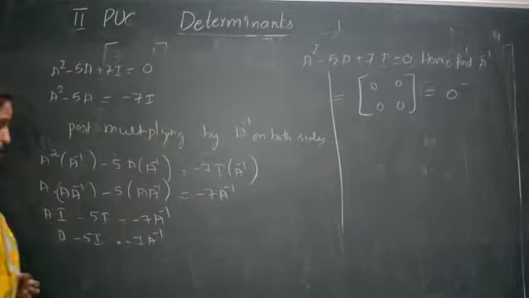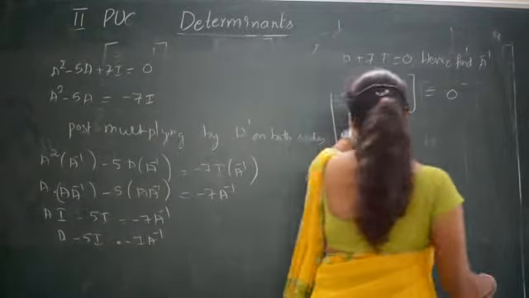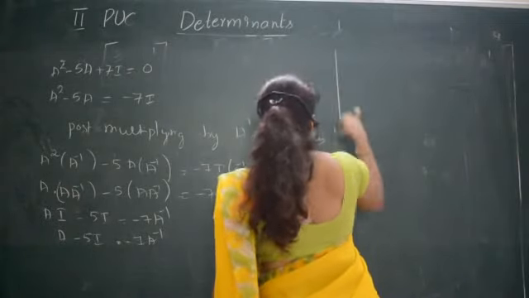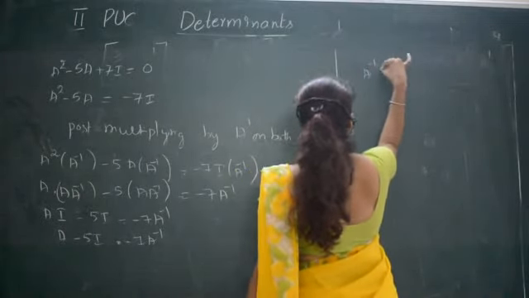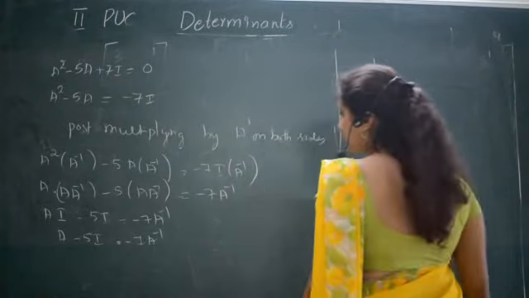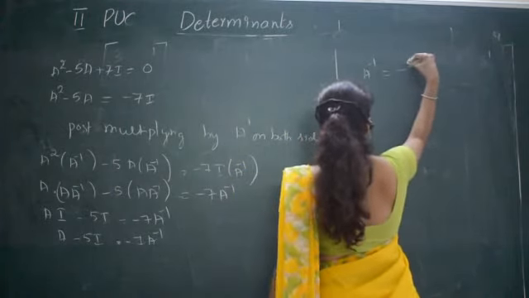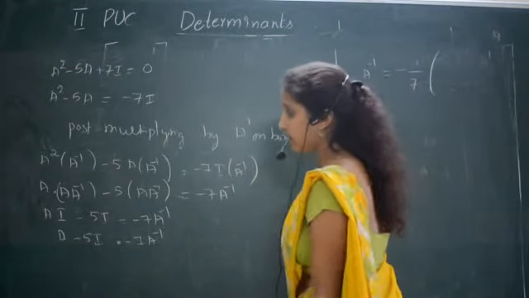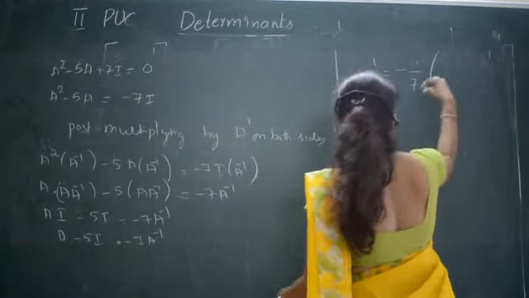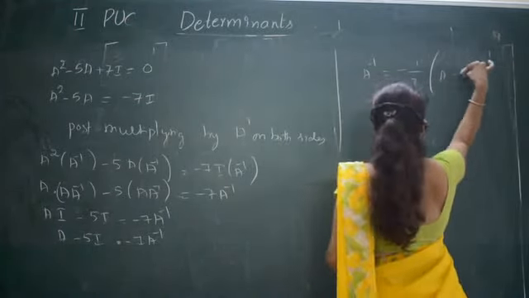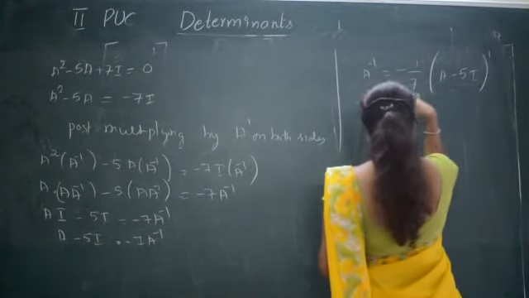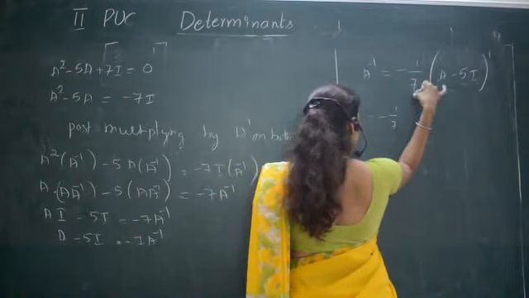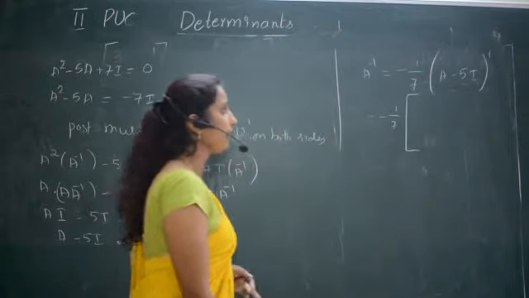Now we have to calculate A inverse. A inverse can be written as minus 1 by 7 into A minus 5I. What is A?